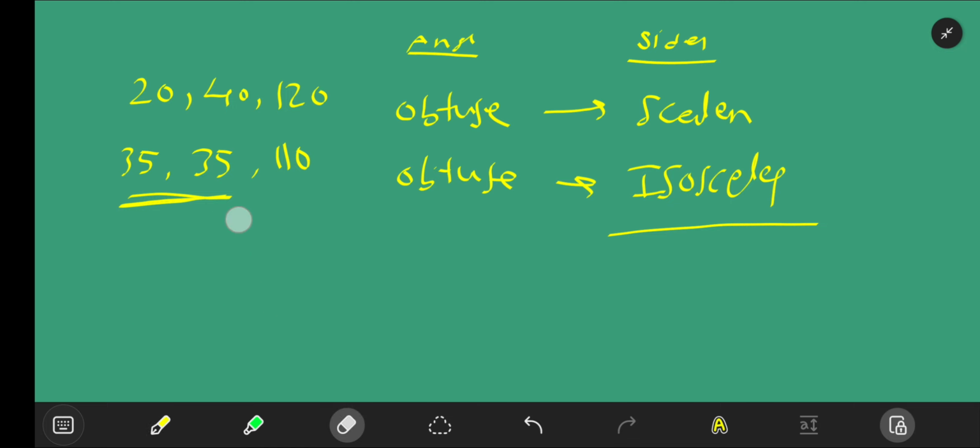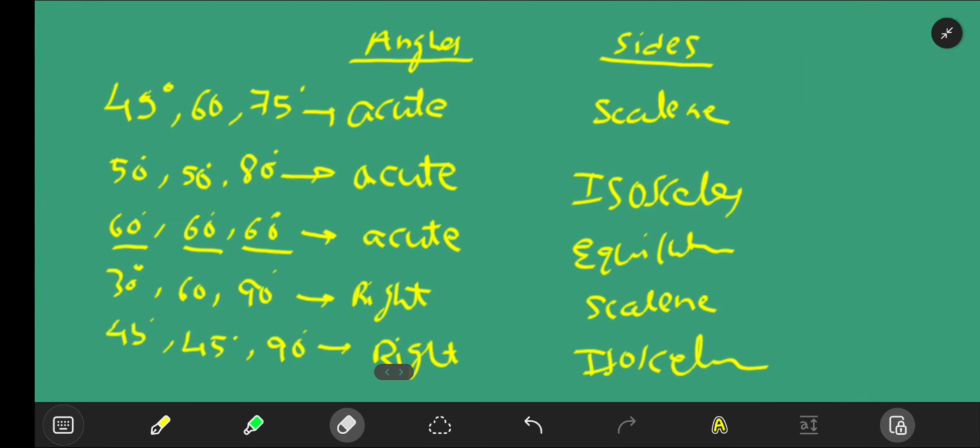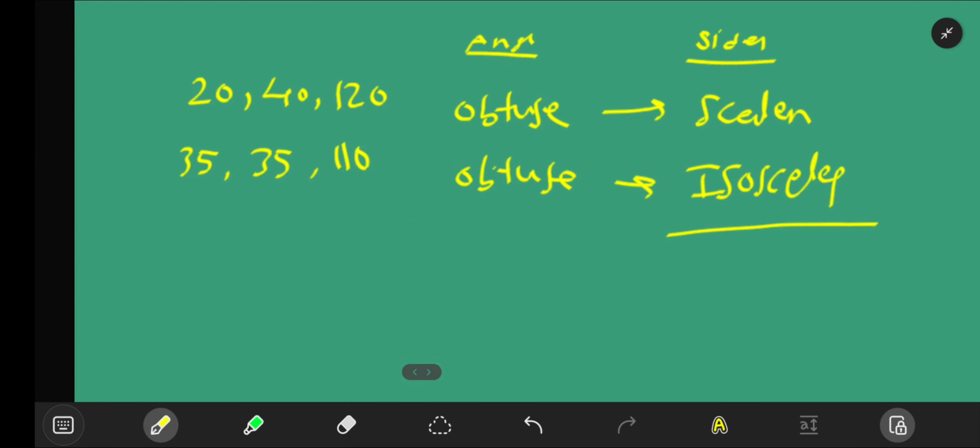This is the way when angles are given, you need to identify which type of triangle it is based on angles, based on sides. Okay, this is the way of identifying the type of triangles.